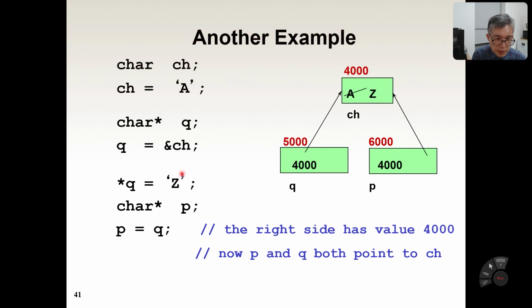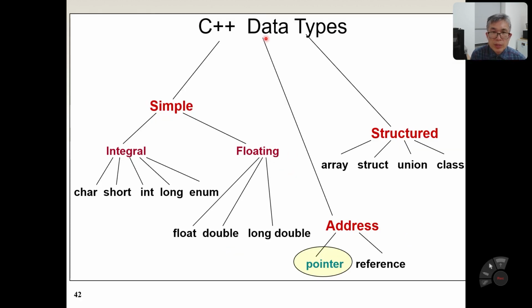Then *q set to G means the cell value of ch is changed to G. And then char *p, we can make another pointer variable, and p is set to q. This p value is the address of ch, this cell's address.